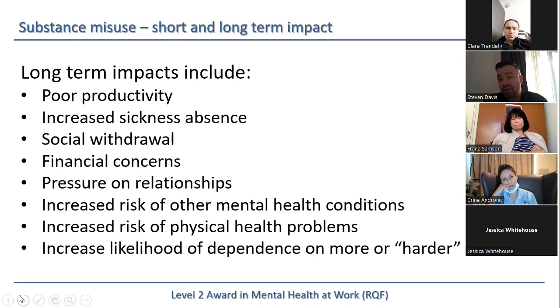We know that our liver and kidneys are our cleansing organs, so we tend to end up with liver or kidney problems, and an increased likelihood of dependency on more harmful substances. Once they're not getting the kick they originally needed from the substance, they tend to turn to more harmful substances. So there are quite a lot of long-term impacts to think about.